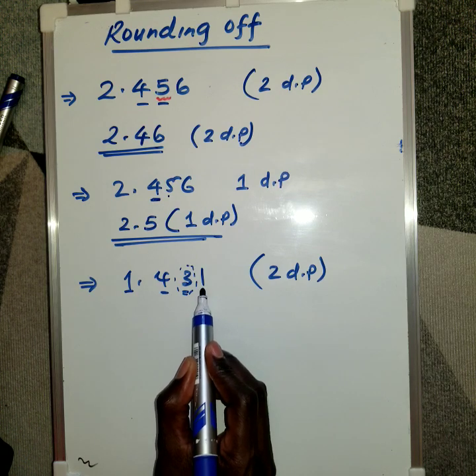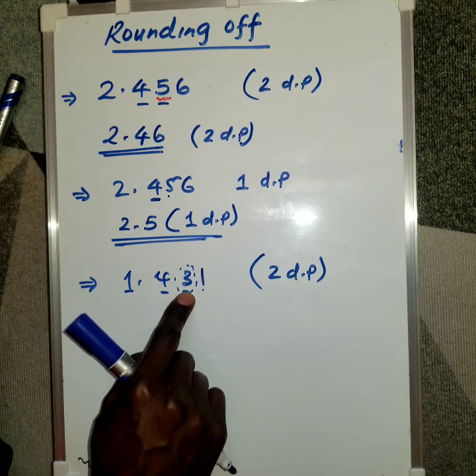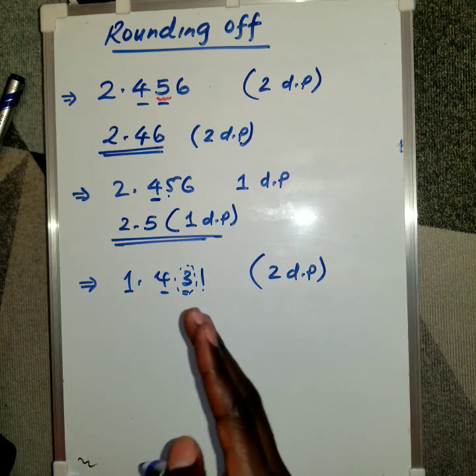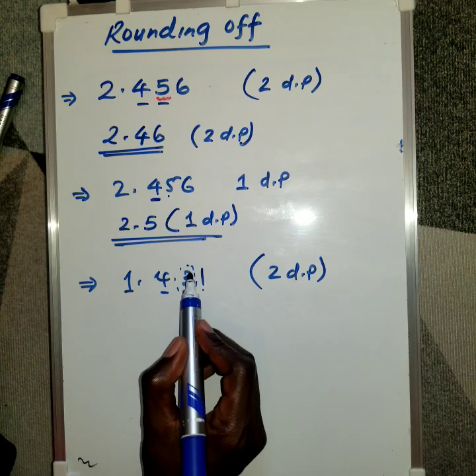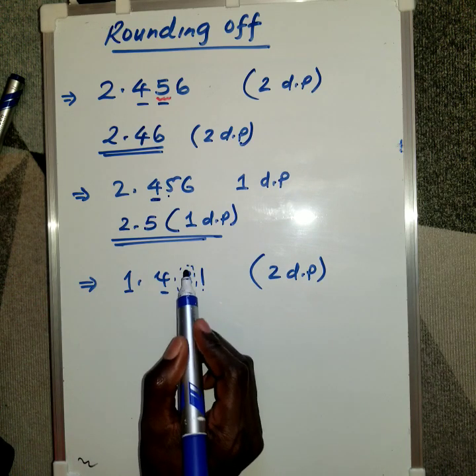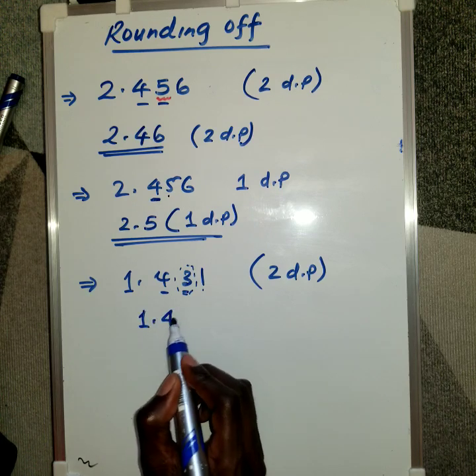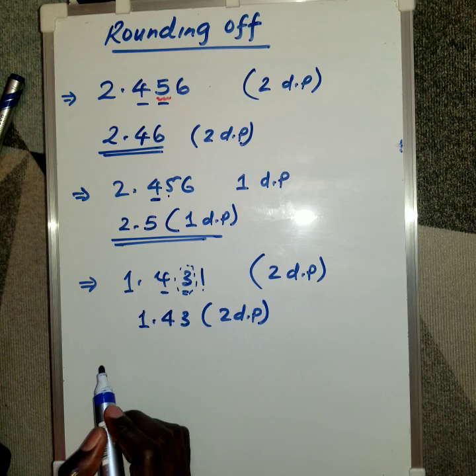If the next value is 5 and above, this will increase by 1. But if it is less than 5, meaning 4, 3, 2, 1 or 0, then this number maintains, you just leave it the way it is. So to 2 decimal places it will be 1.43. It simply means I've rounded off to 2 decimal places.